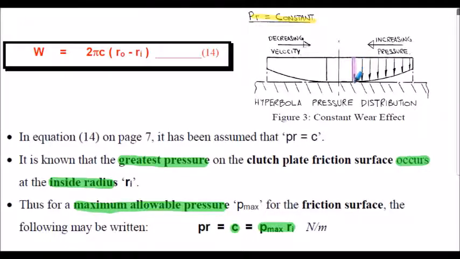That's where the highest pressure will be, where the radius is smallest, and it will be the lowest pressure at the outside radius. The radius is bigger there because P multiplied by R has to be a constant across the surface. So at the inside surface we have a small radius, large pressure to give us a constant. At the outside surface we have a large radius, small pressure to give us the same constant. So the maximum pressure in this theory is assumed to occur at the inside surface.